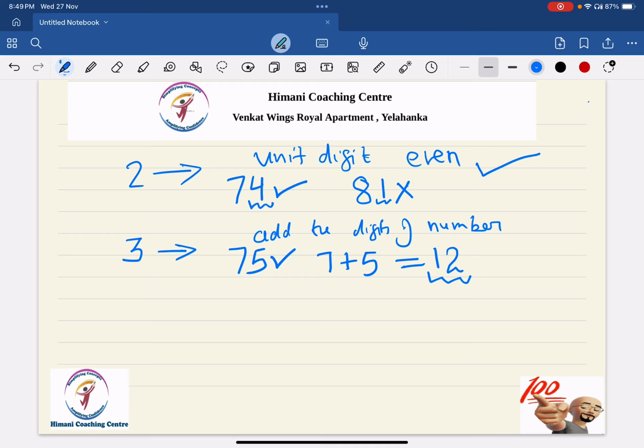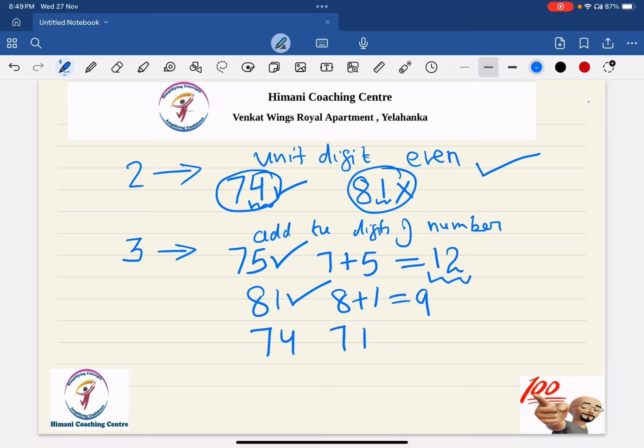Yes, that means 75 is divisible by 3. Let us look at 81. 8 plus 1 is 9. Will it be divisible by 3? Yes. But let us look at 74. 7 plus 4 is 11, which is not a multiple of 3. So 74 is not divisible by 3.